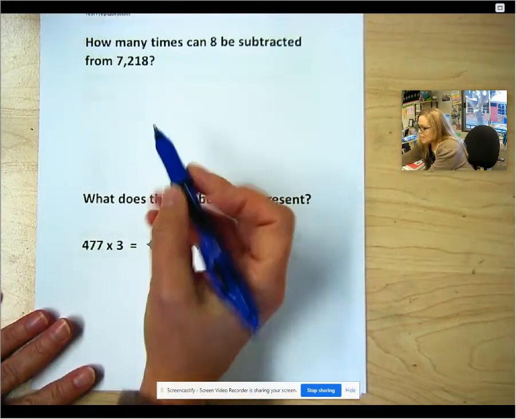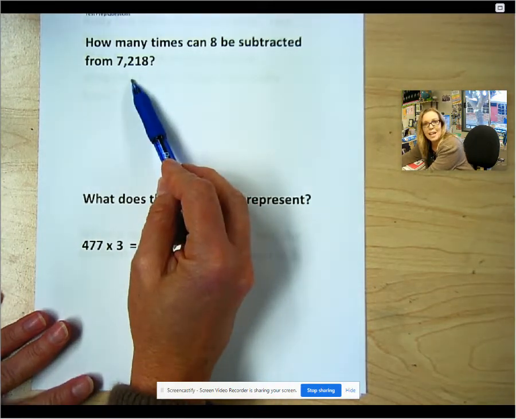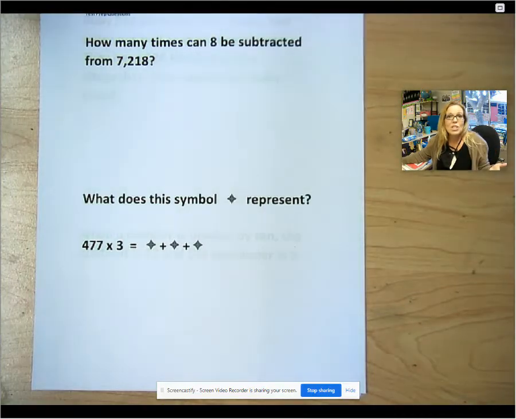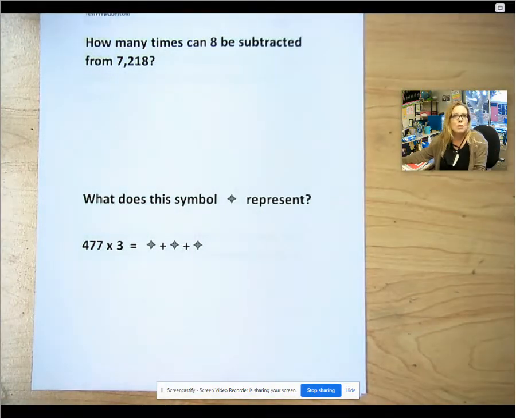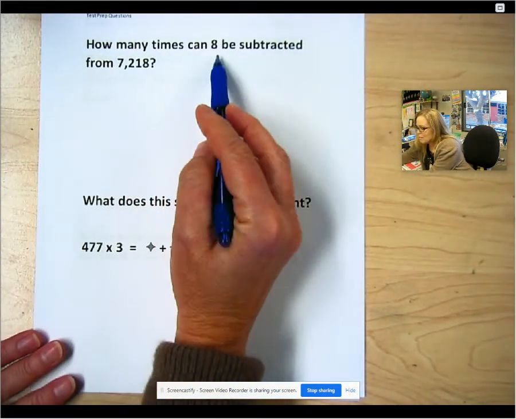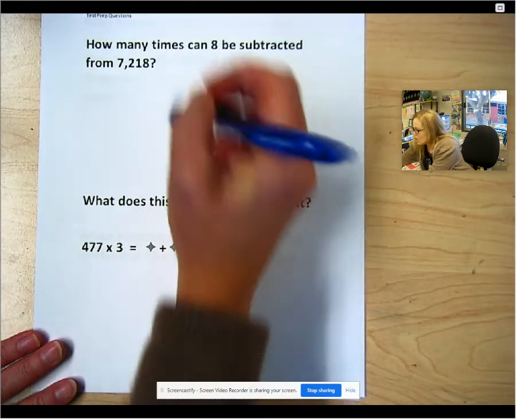Okay, how many times can 8 be subtracted from 7,218? At the beginning of our lesson on division, this was something I presented, and we spoke about it in class today. So we can think of subtraction as being related to division. Why?